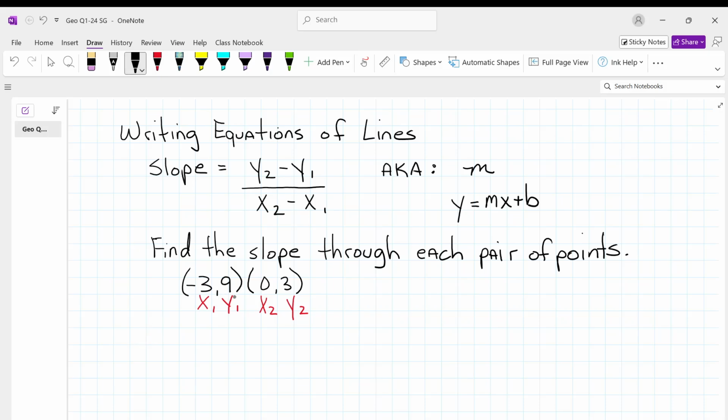And then you just take those values and you substitute them into the slope formula. So I'm going to use the m for slope is equal to, in the numerator, we've got 3 minus 9. In the denominator, x sub 2 minus x sub 1, that's 0 minus negative 3.